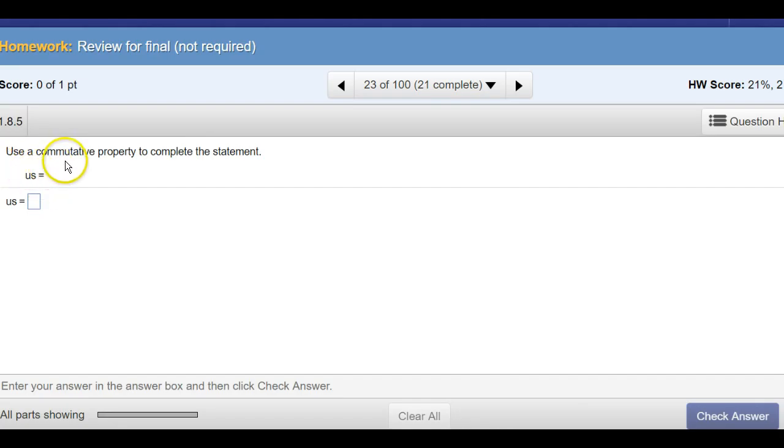Now they're asking us to use the commutative property to complete the statement. Now, they do give a few of these, so let's just review them quickly here. A plus B equals B plus A. A times B equals B times A. So this is the commutative property of addition.